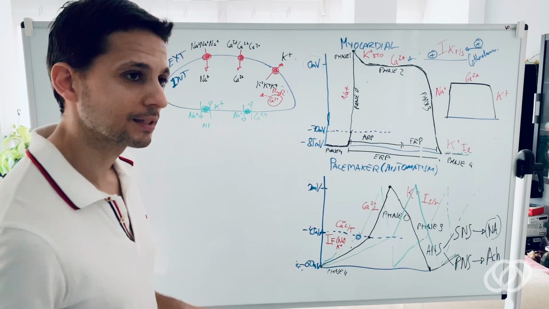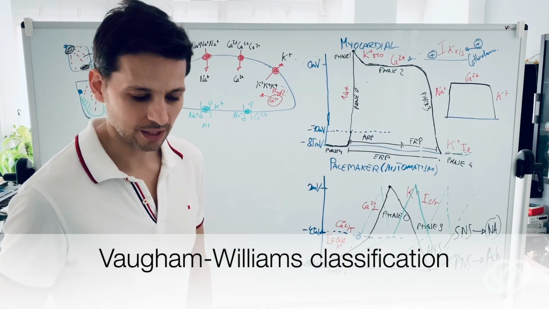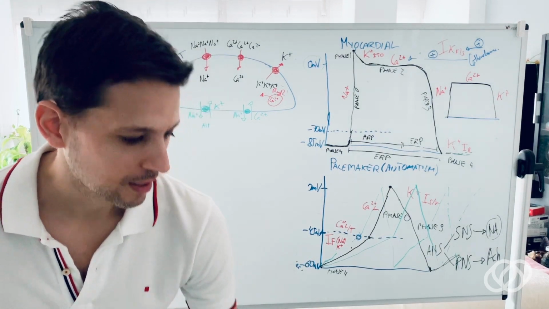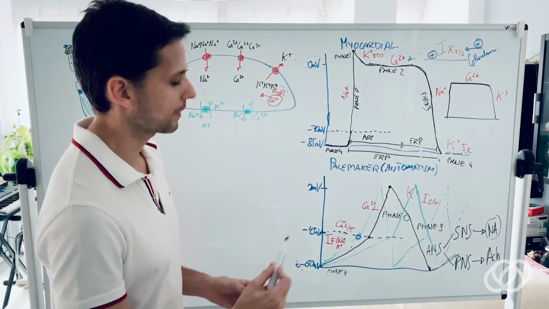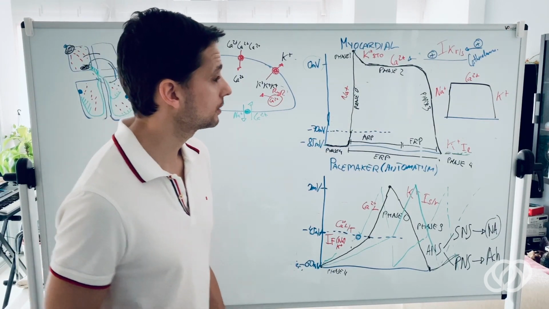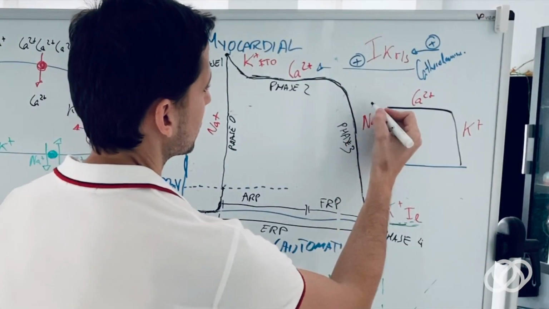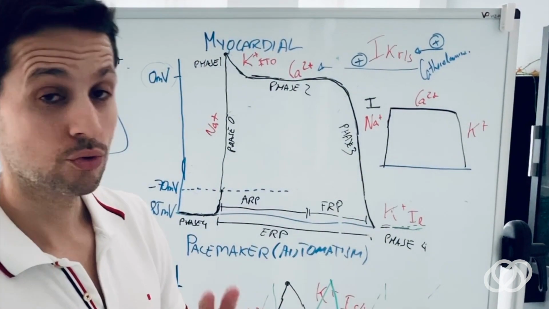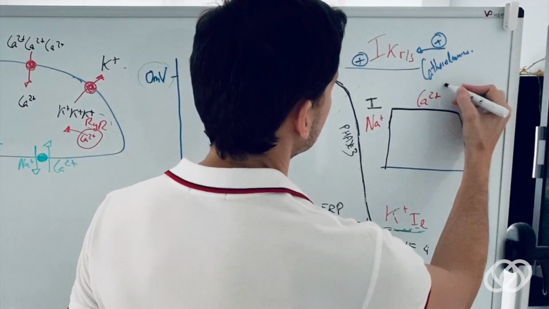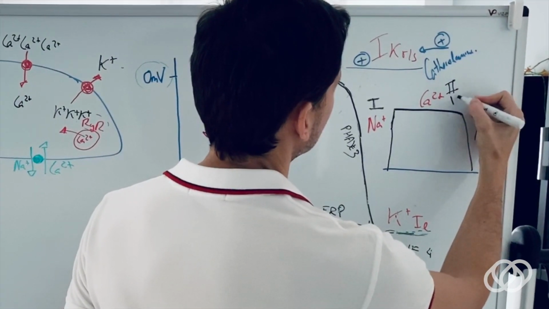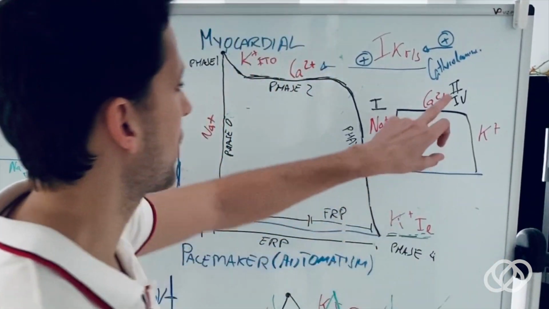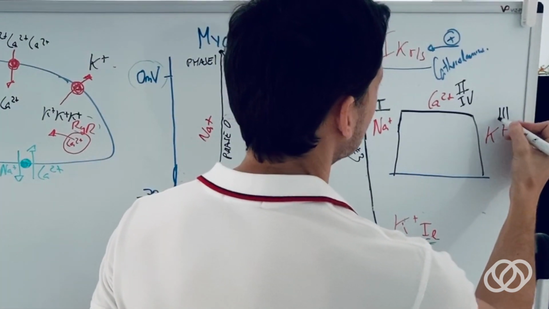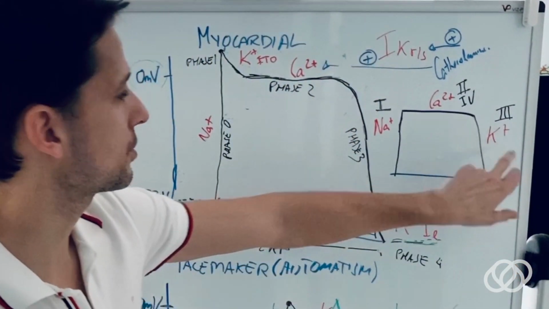We are going to use the classic classification called the Vaughan-Williams classification, and it classifies the anti-arrhythmic drugs into four classes. To summarize, class 1 will mainly have the effect on sodium. Classes 2 and 4 have the effect on calcium, and class 3 will have the effect on potassium.